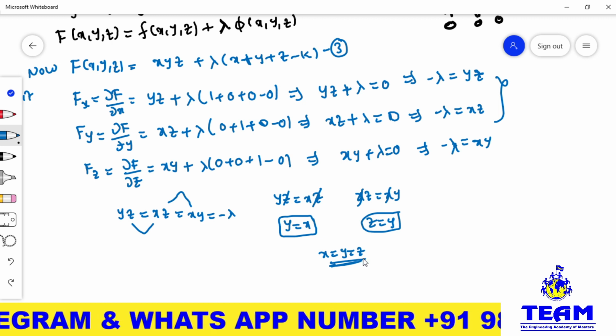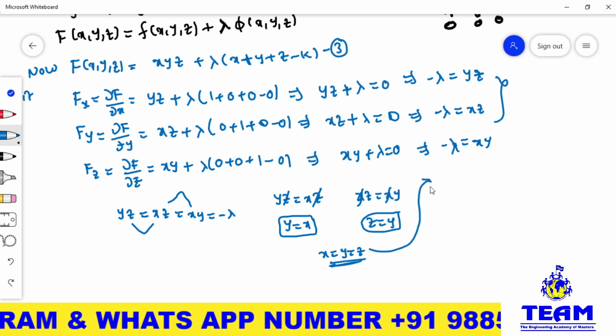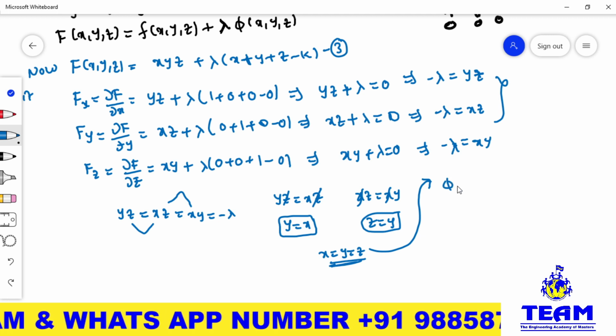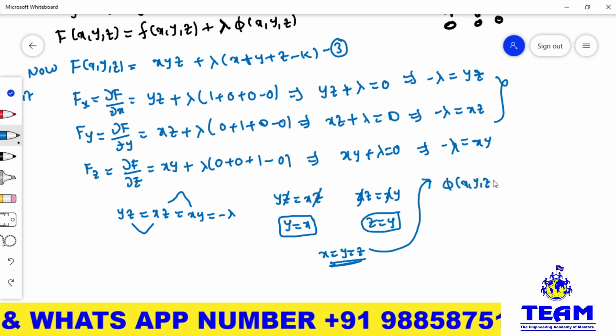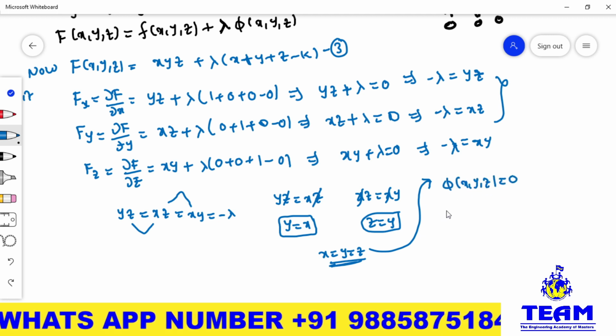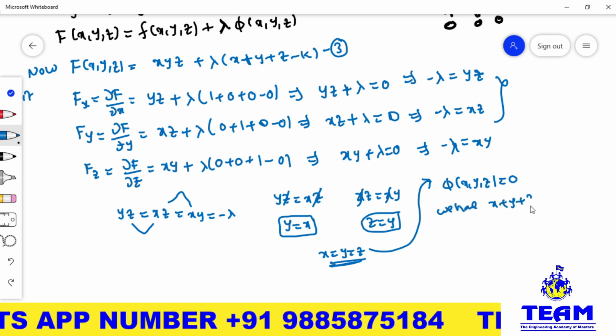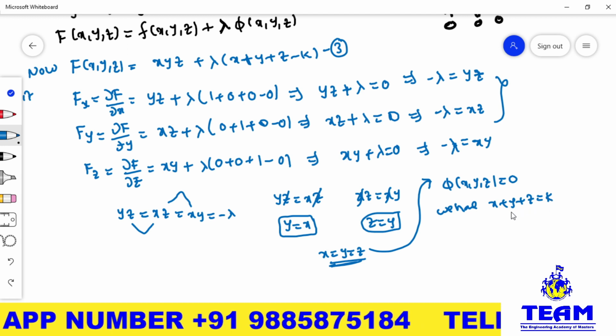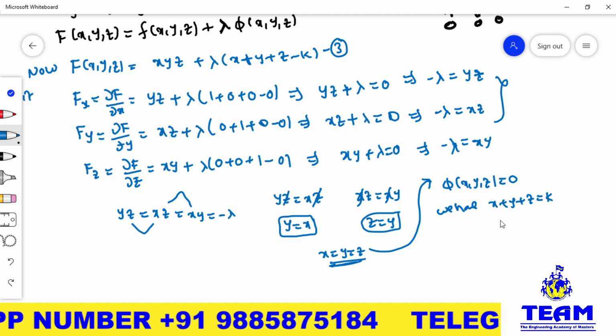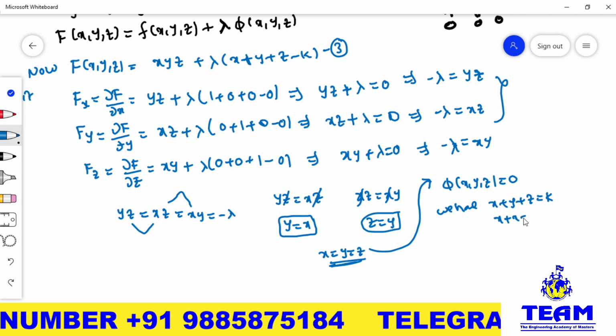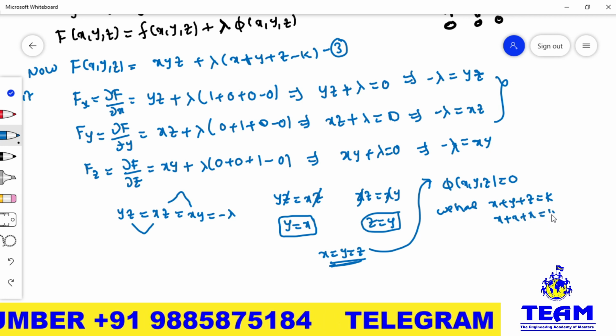To get the x value, y value, z value, you substitute in which equation? Phi of x comma y comma z is equal to 0. What we have actually? We have x plus y plus z is equal to k. Sum of three numbers is k. So, put x is equal to x, y is also x, z is also x, which is equal to k.